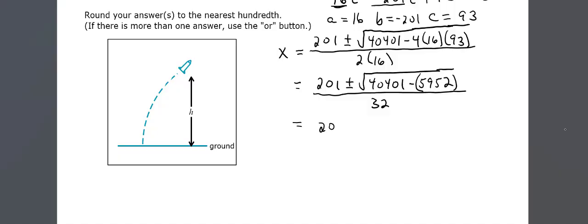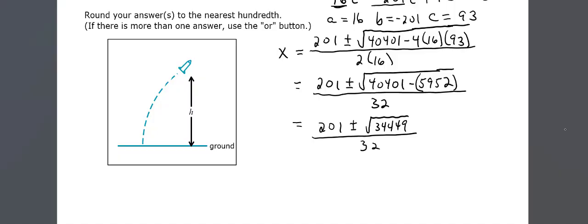So continue to simplify. We would take 40,401 and subtract the 5,952 from that. So underneath our radical sign, we have 34,449, and that's all over 32.